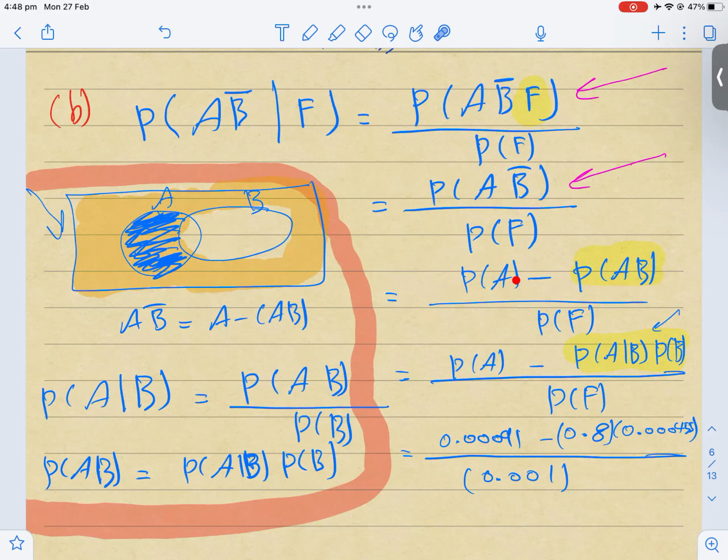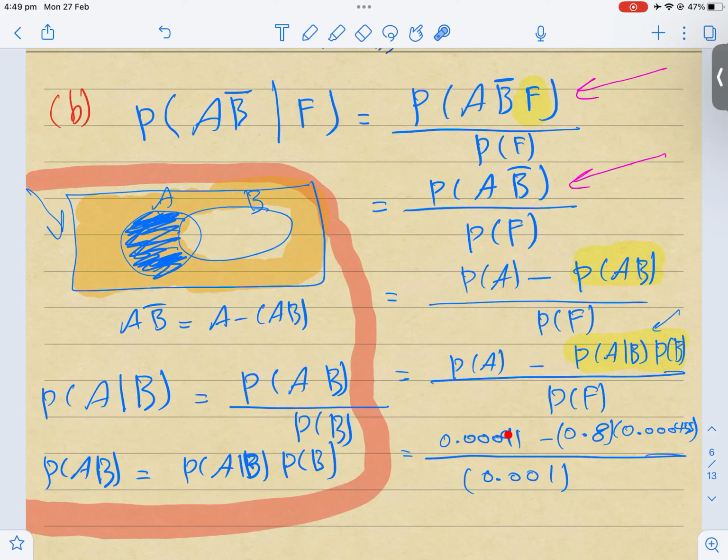Okay, you are welcome to take a photo or just draw it. Okay. So now probability of A, I'm writing this one here, probability of AB. Probability of A intersection with B is just the definition of the conditional probability. So this yellow part comes here, just the definition of the conditional probability, and I substitute it here. I've got the probability of A from the previous question.